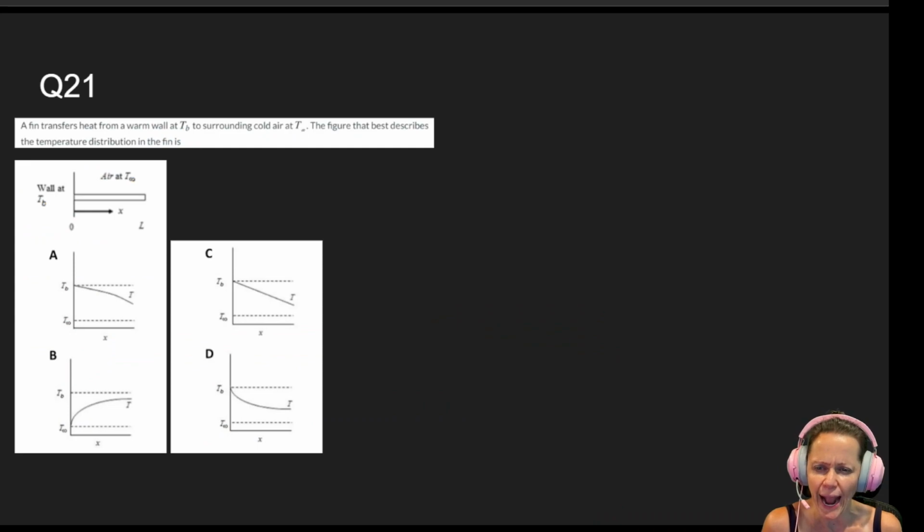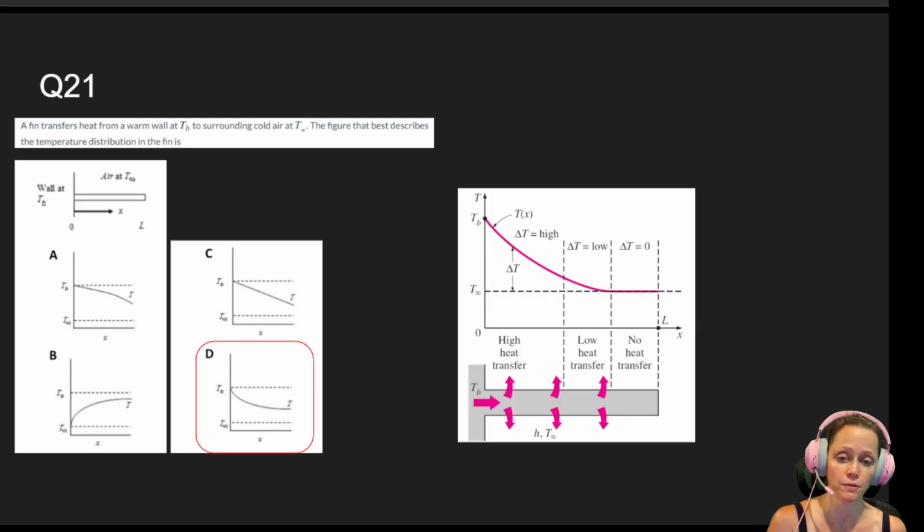All right. And then question 22. I think this is the last question. So as a fin transfers heat from a warm wall at T_B to the surrounding air at T infinity, the figure that best describes the temperature distribution in the fin, and this is straight from the video.